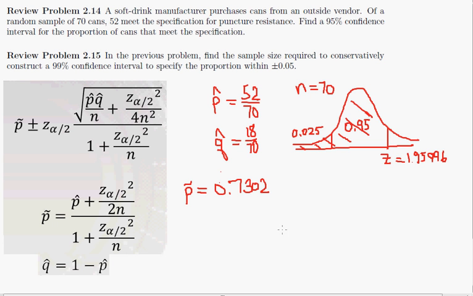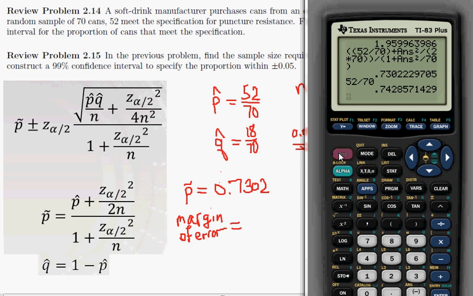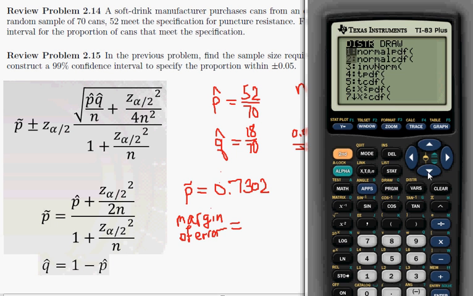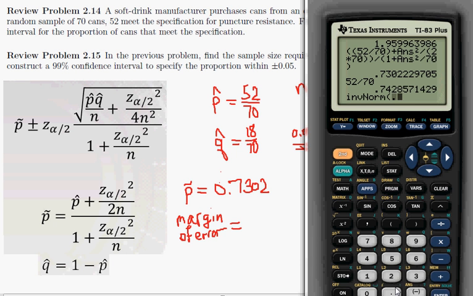Next, we have to figure out the error, so the margin of error. And that'll be equal to the thing on the left. So once again, let's get the inverse norm of 0.975 so I can have that in the register. And then we just simply plug in.